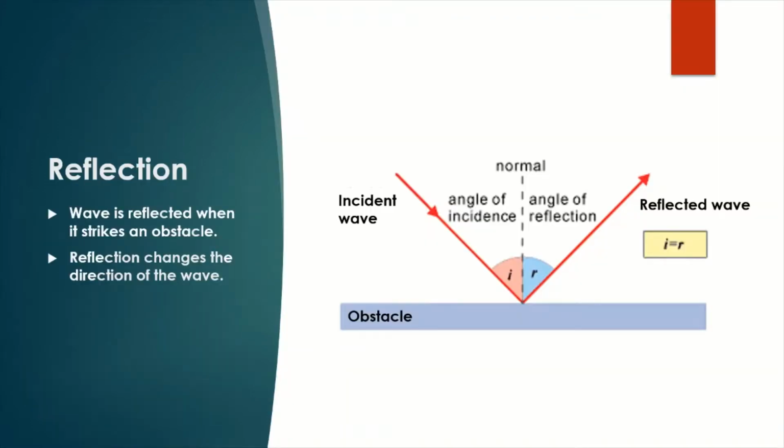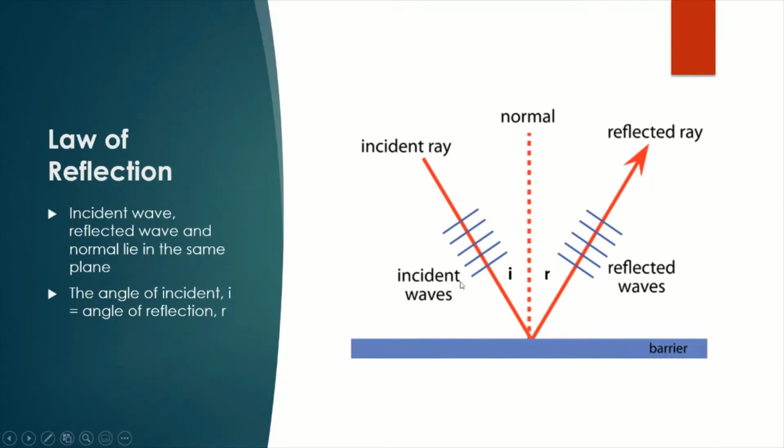Wave is reflected when it strikes an obstacle. So after reflection, the direction of wave changes. The law of reflection says the incident wave, the reflected wave, and normal, all these three lie on the same plane.